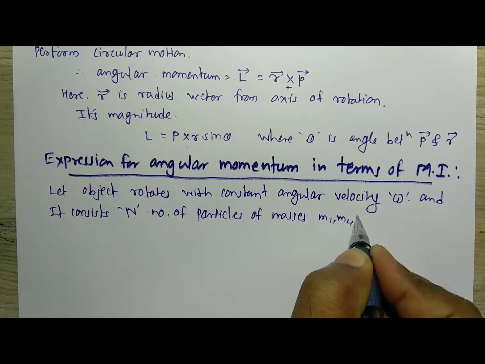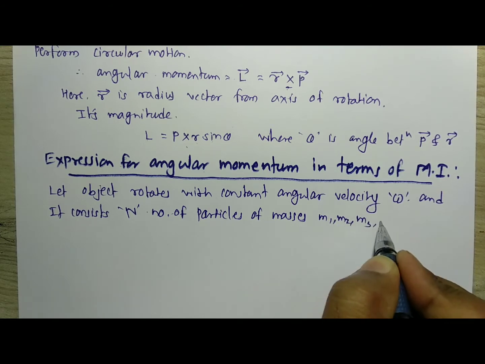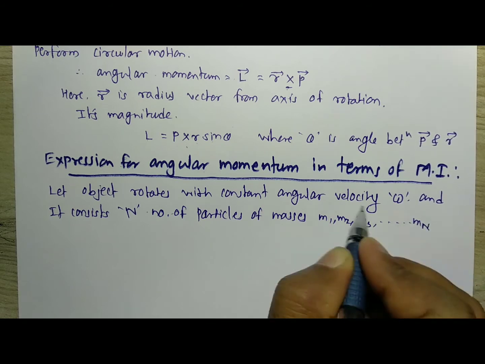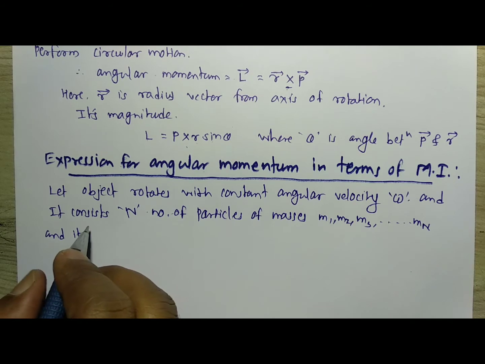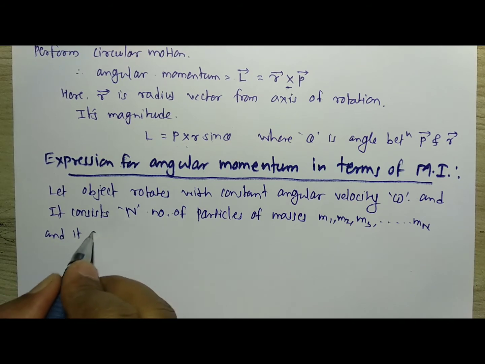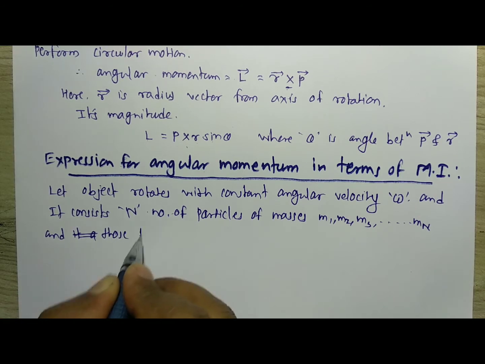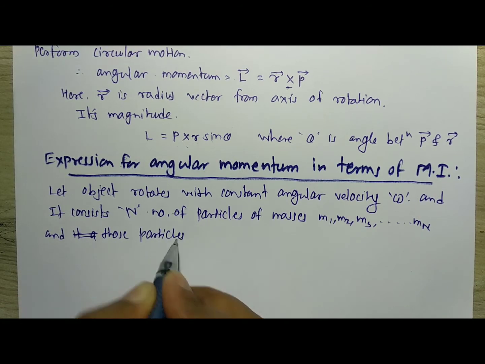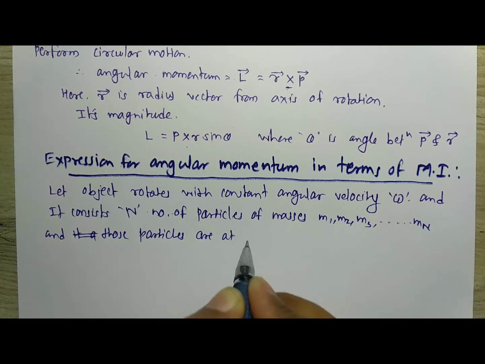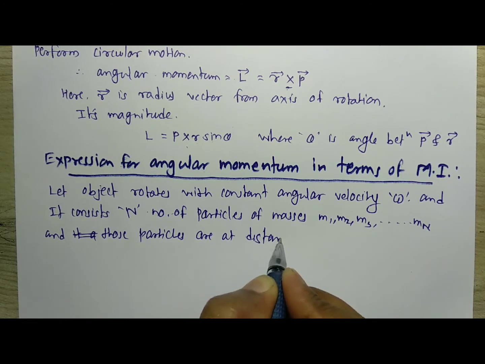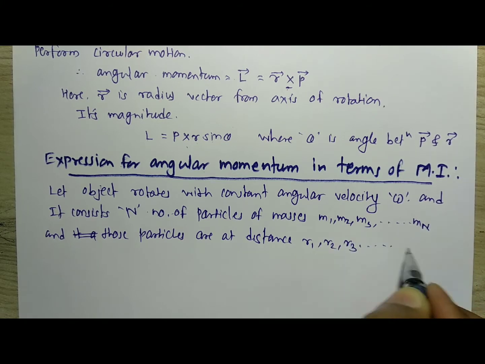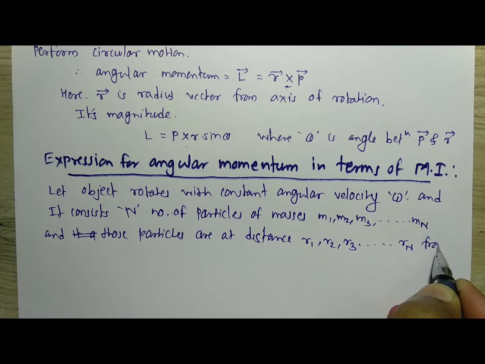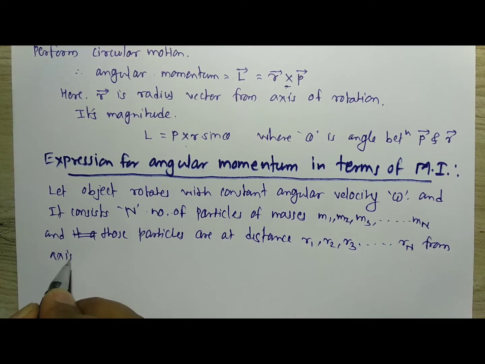Those particles are at distances r1, r2, r3 and so on up to rn from the axis of rotation.